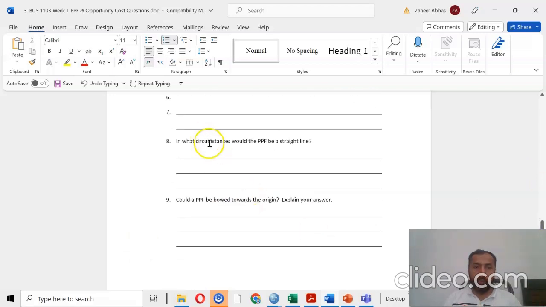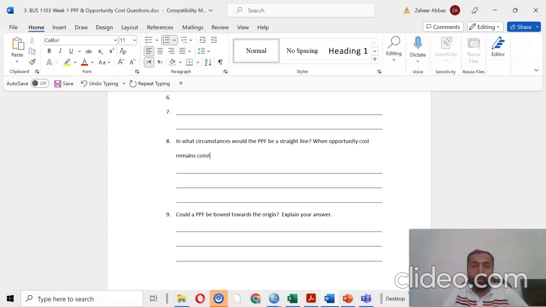Then the next question is, under what circumstances would the PPF be a straight line? We know that when opportunity cost remains constant, the PPF, which is also known as PPC, will be a straight line.